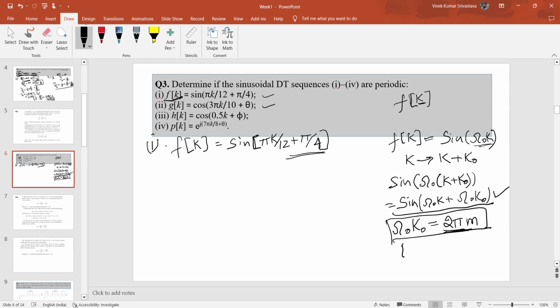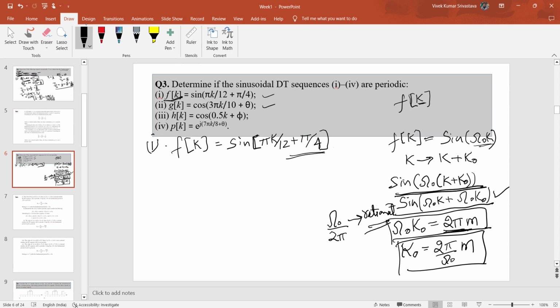If this is a periodic signal, then the fundamental time period of this signal is determined as 2 pi by rho naught into m. In other words, we can also say that if rho naught by 2 pi is a rational number, then this sequence is a periodic signal.